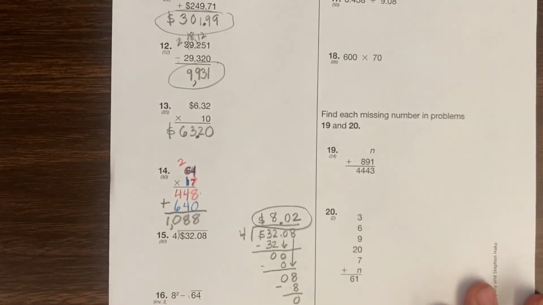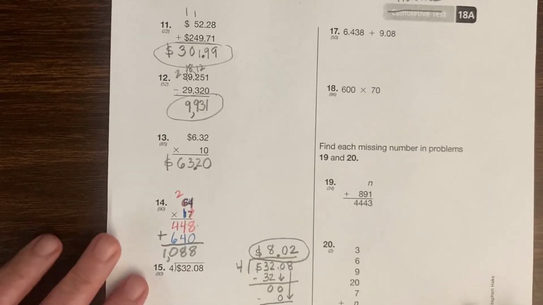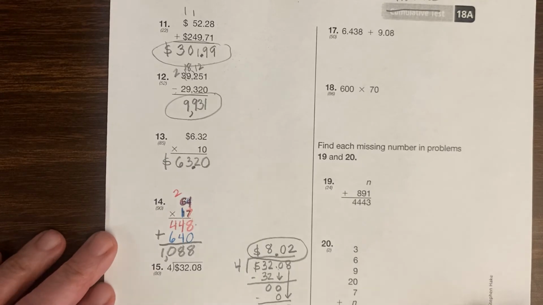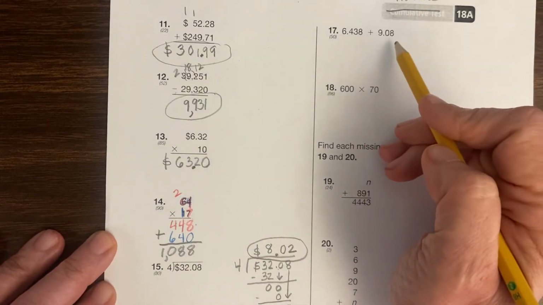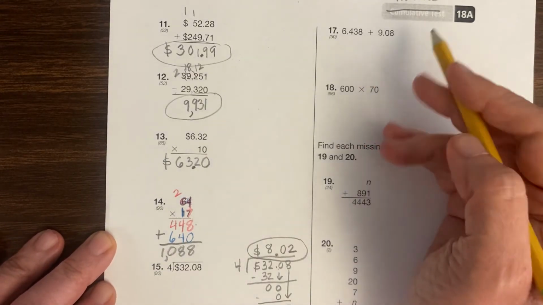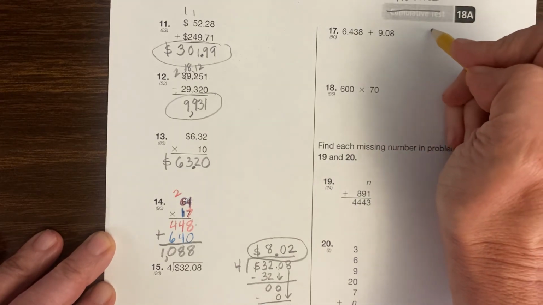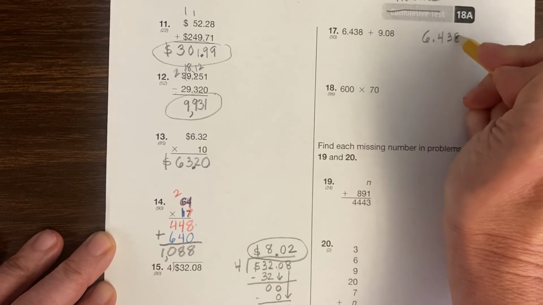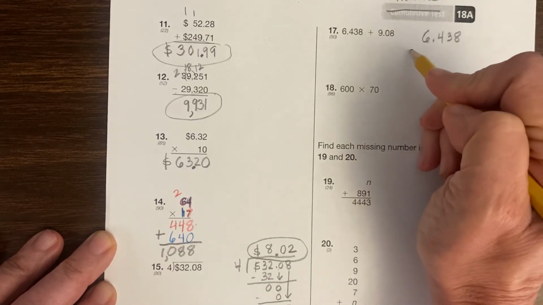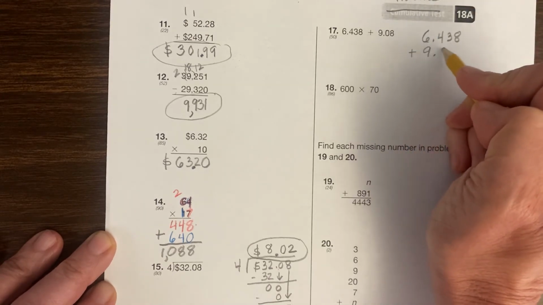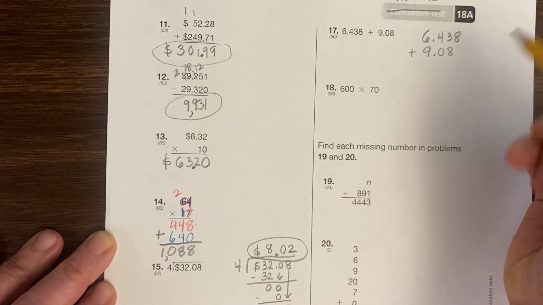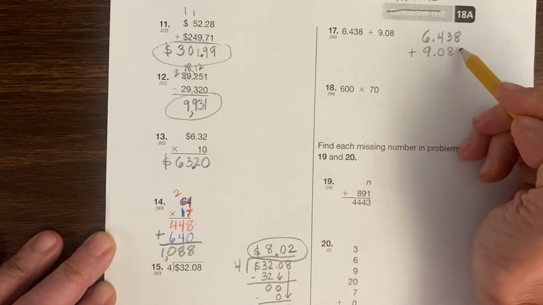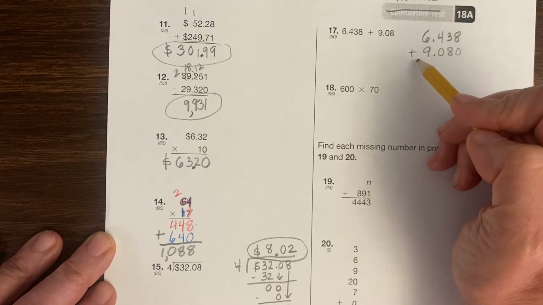Okay, number 17. Number 17 is an addition problem with decimals, so I'm going to rewrite it vertically. 6.438 plus 9.08. Okay, I'm going to put in a 0 here as a placeholder.